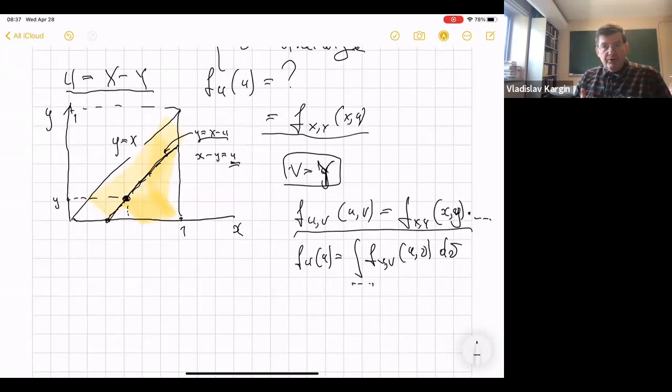But before we do that, we need to see how to calculate this thing, because I wrote 3 dots here and it's not clear what they mean. This was a motivating example.